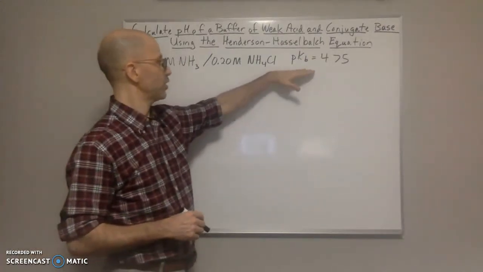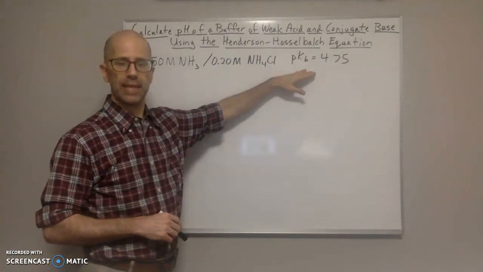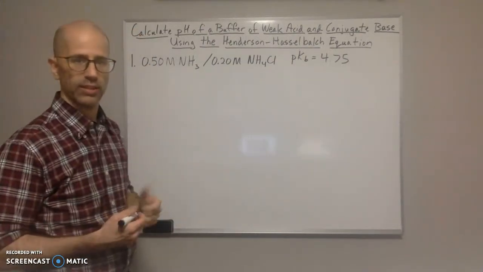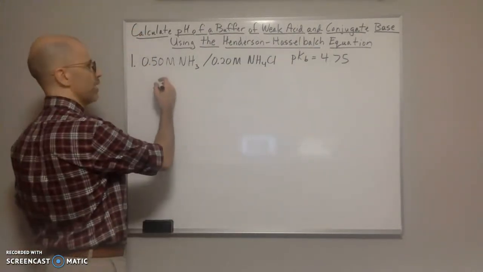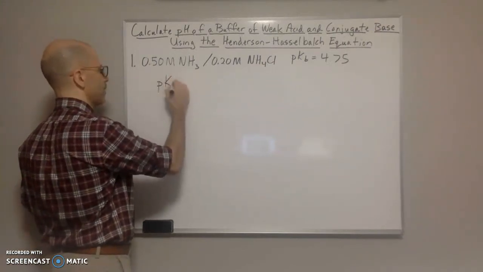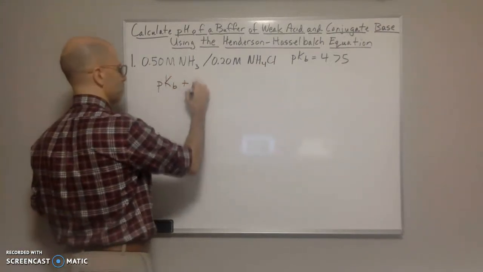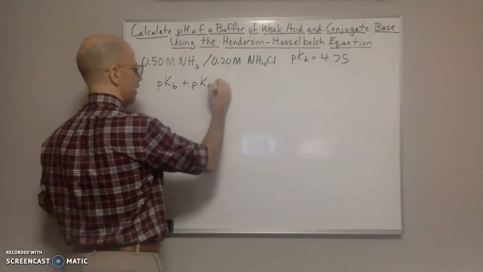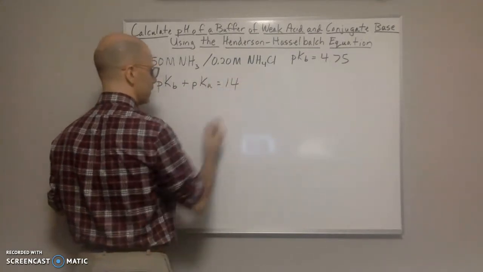The first thing we want to do is find the pKa, because that's involved in the equation. To find the pKa, you have to remember that the pKb plus the pKa is equal to 14.